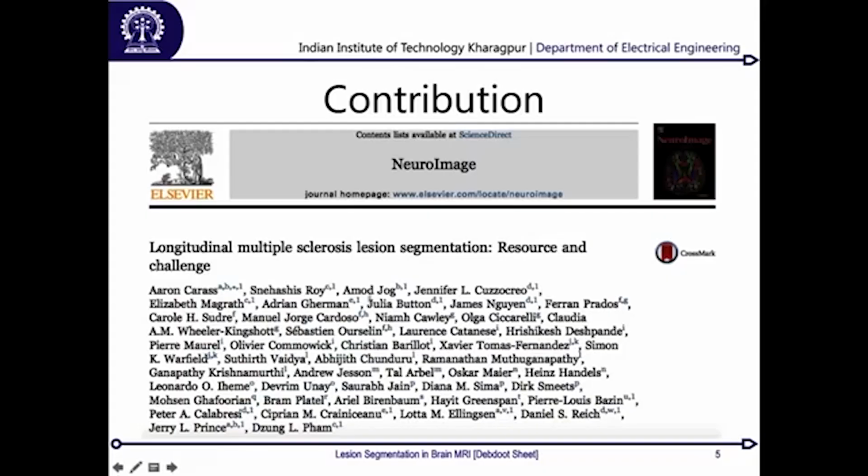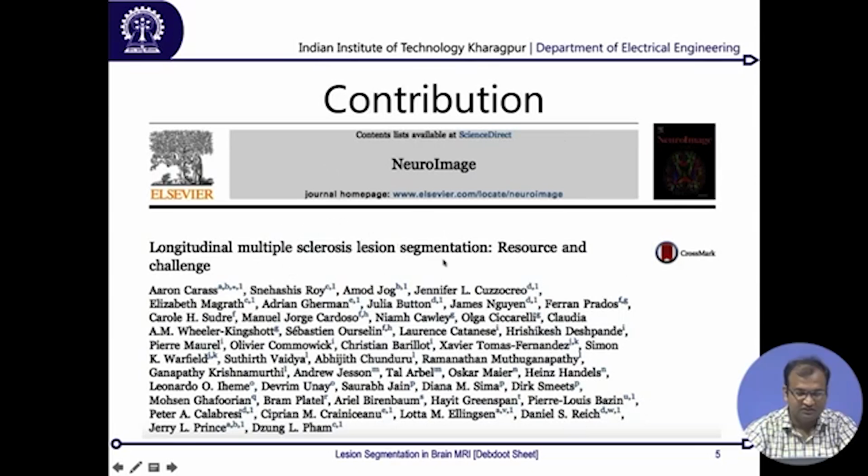If you look into this paper, which was recently published in 2017 itself, you would be seeing a lot of names. There were a lot of groups of people contributing to this, multiple institutions, and together all of them contributed to writing this one single paper which got published in neuroscience.